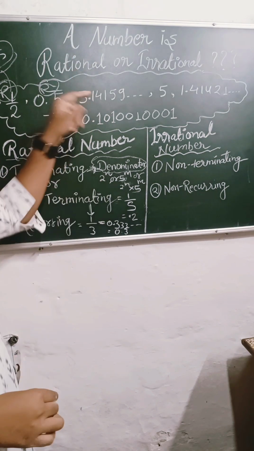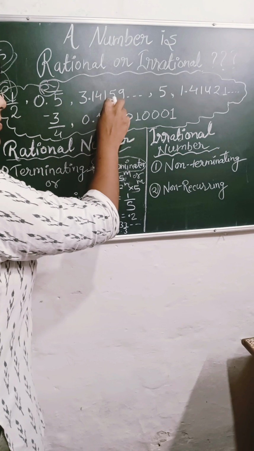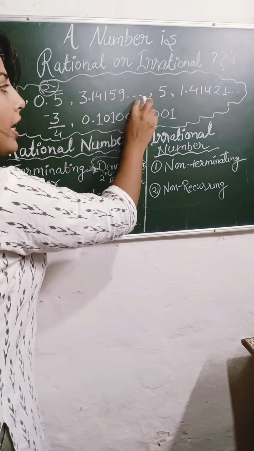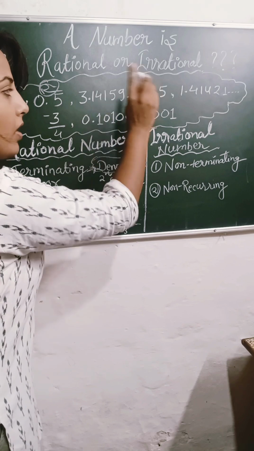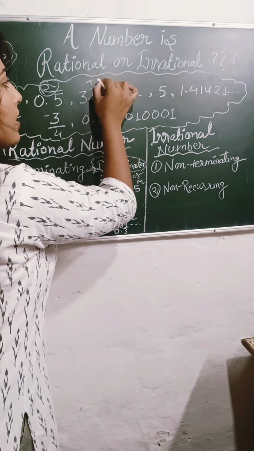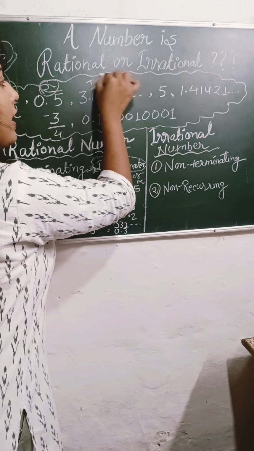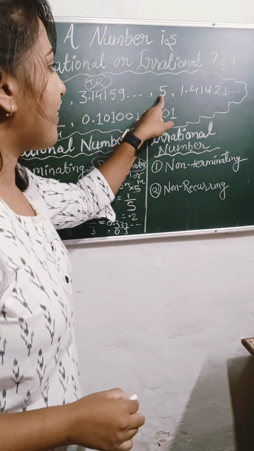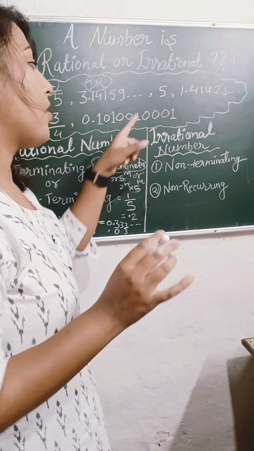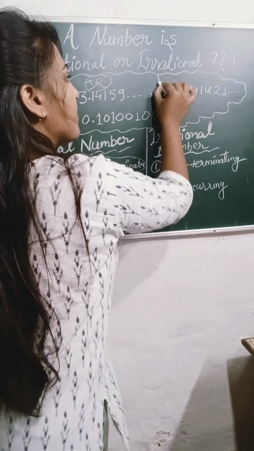Now come to this number. 3.1415, you can see there are so many digits, and they are non-terminating and also non-recurring. So this is an irrational number. Now you can see this 5. This is terminating, a single number, so this is a rational number.